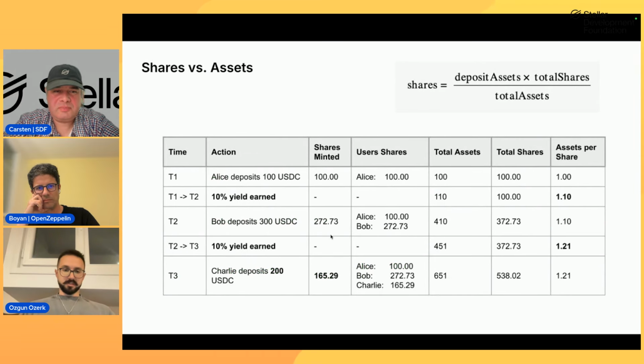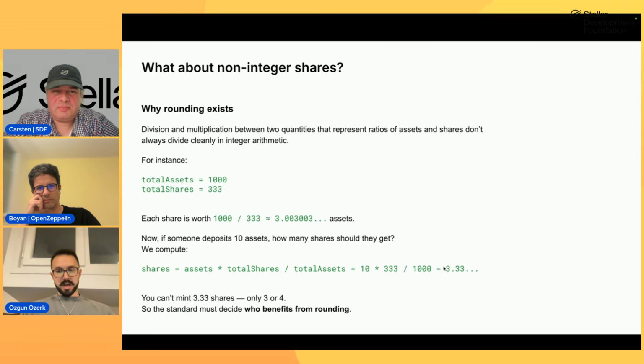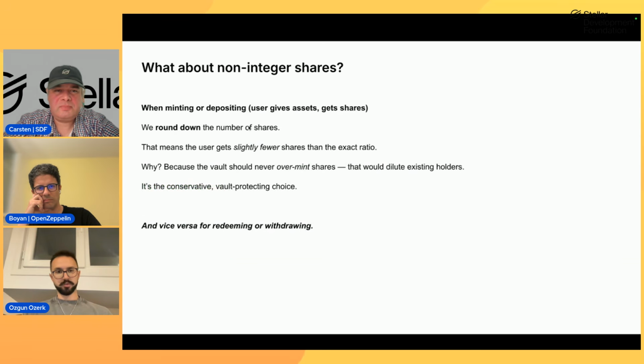The problem, in this previous slide, is we have these decimals, right? This is not an integer, but kind of a floating number. This is problematic because how do you handle 3.333 shares, for example? You cannot. So for shares, we round up or down. When do we round down? When do we round up? Let's say you are minting or depositing.